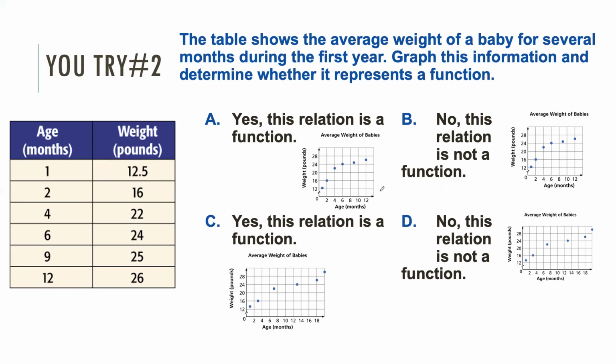So A works, B works, and D does not work. C and D are both missing the point for month 4. If you finish plotting them, you'd narrow it down to A or B. And because there's no repeating age here, it is a function, so our answer is A.